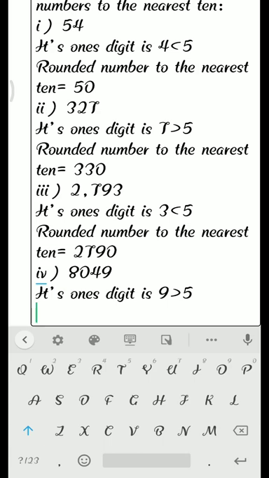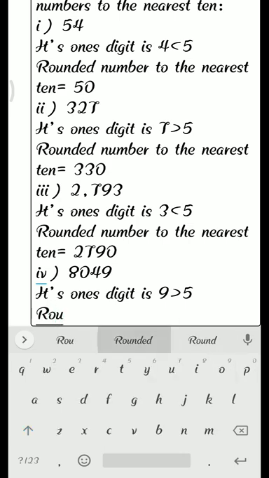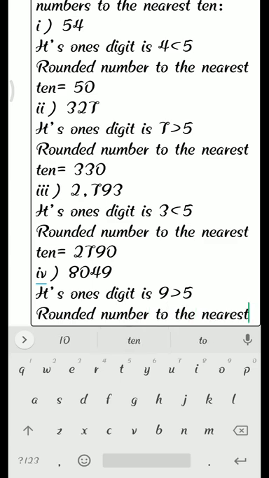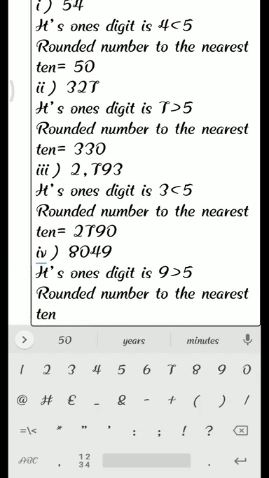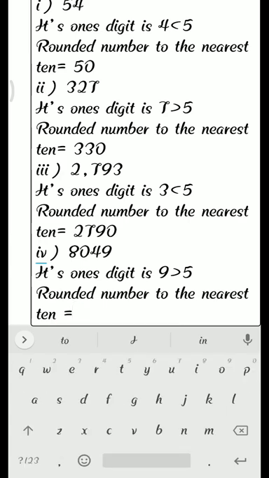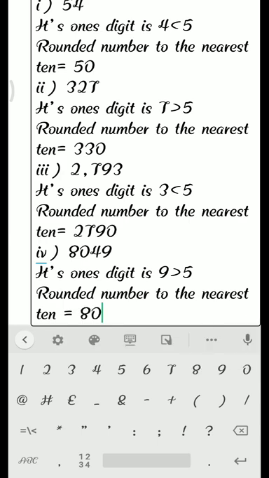We add a 1 in the 10th place and the ones place number will become 0. So the rounded number to the nearest 10 is 8050.